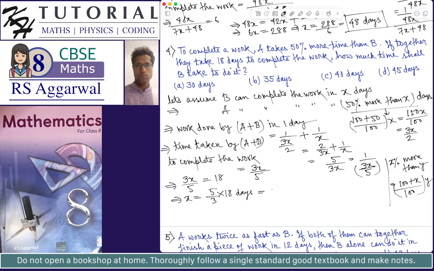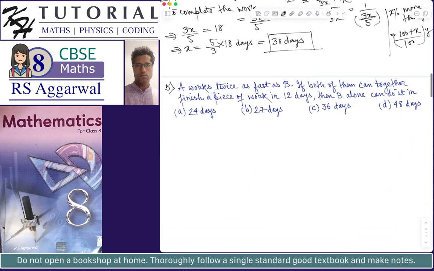This is equal to 30 days. So we assumed x to be the number of days in which B alone can complete the work. So the answer is 30 days, and hence the correct choice is A. A is the correct choice.